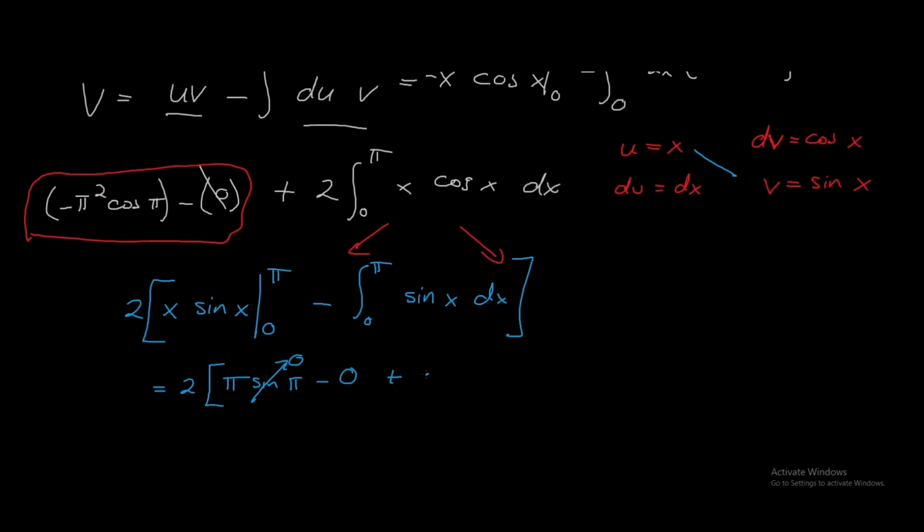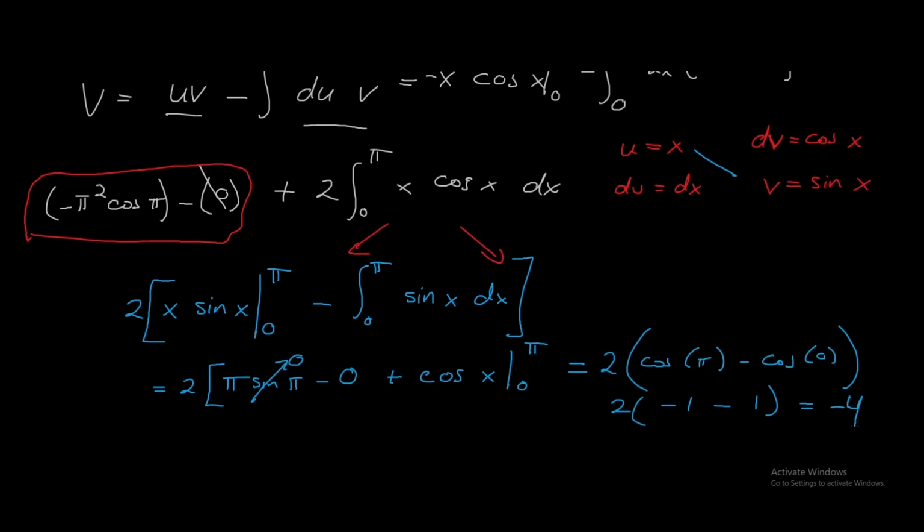So this is going to become a positive cosine of x from 0 to pi. All of this written out is going to be 2 times cosine of pi minus cosine of 0, which is 2 times -1 minus 1, which is -4.